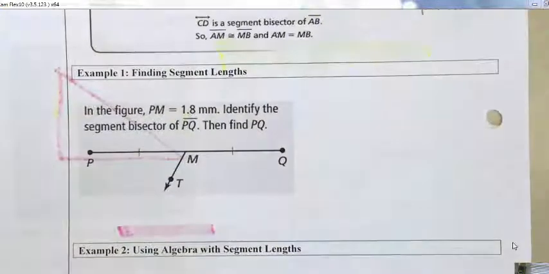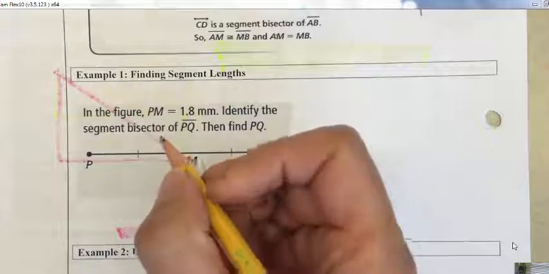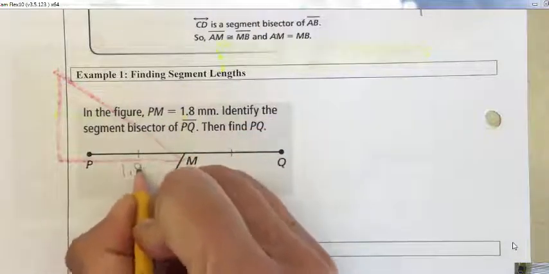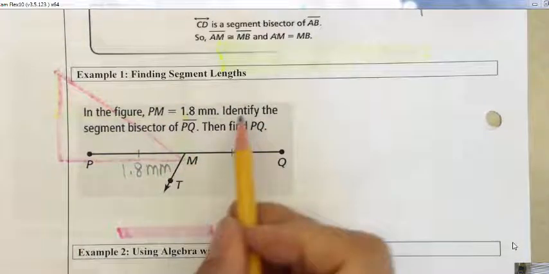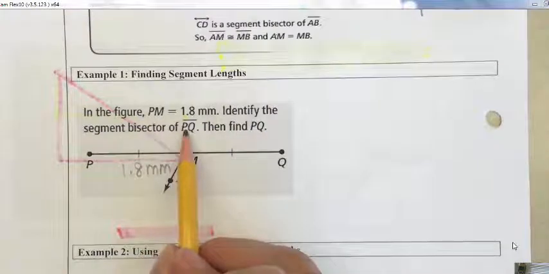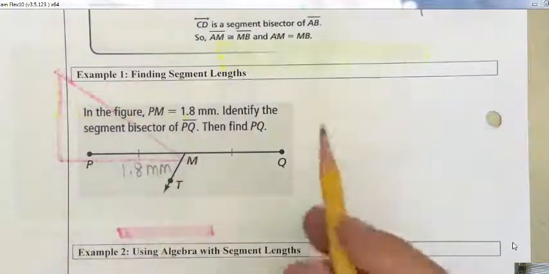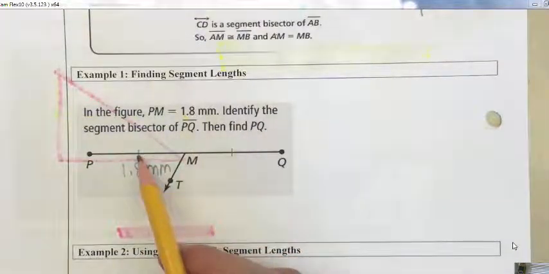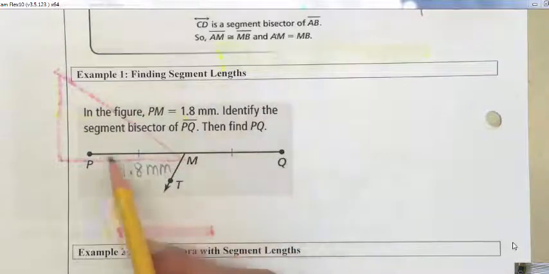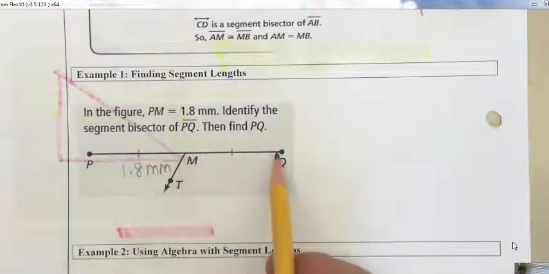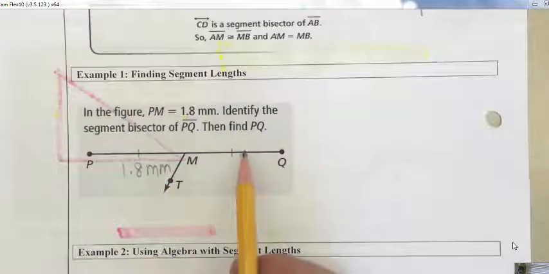All right, so example 1. In the figure, we know that PM is equal to 1.8 millimeters. I'm going to write that down. Identify the segment bisector of segment PQ. So let's do that. Well, what's right in the middle? I can see these little tick marks tell me that PM and MQ are the same length.